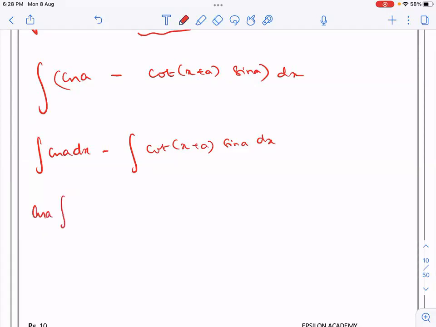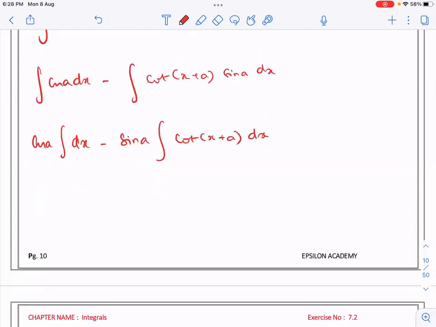So cos a into integral of dx, minus what will come out of the integral in the second term? Guys, is it tough? Is it confusing? A little bit. It will be, because differentiation and integration are very close, but this exercise is very important.